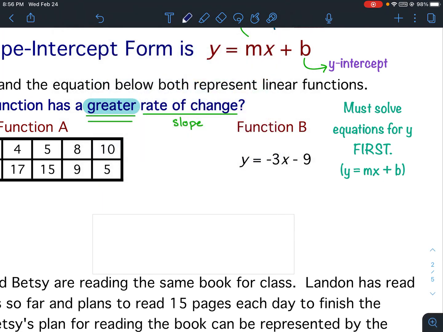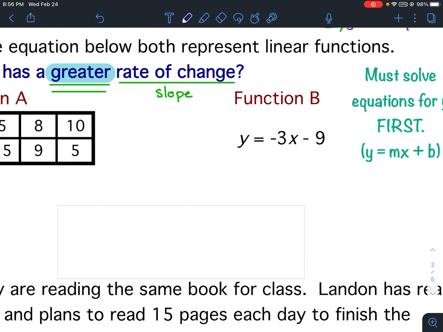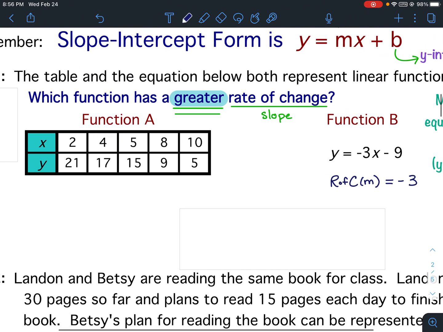All right, well, we lucked out because this equation is already solved for y. I don't have to do any work for function b. I know that my rate of change, which is my slope, is in front of x. So my rate of change, which is my slope, is the number in front of x, which is -3. So that one was nice, no work involved.